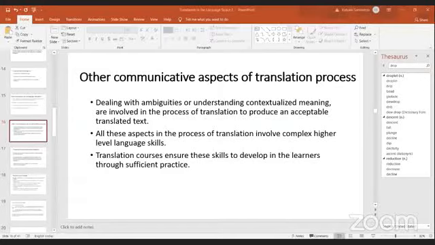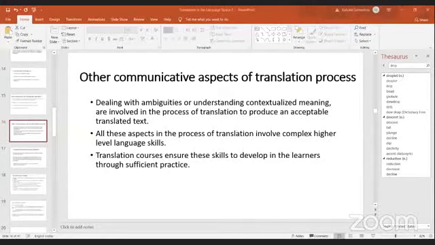So this is a communicative process in unraveling the meaning in the context. So these are involved in the process of translation to produce an acceptable translated text where meaning has been properly negotiated.